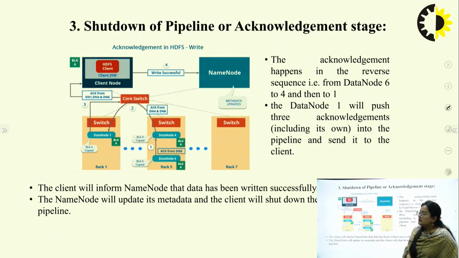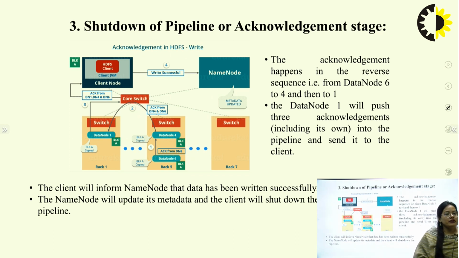Now, the third step will be shutdown of the pipeline, or the acknowledgement stage. Once the block has been copied into all 3 data nodes, a series of acknowledgements will take place to assure the client and NameNode that the data has been written successfully.